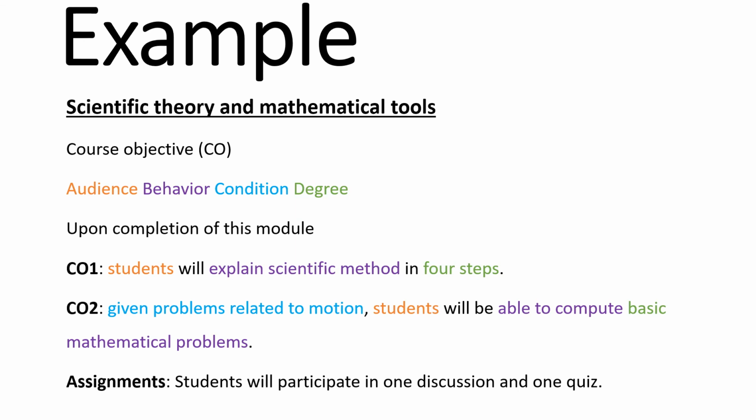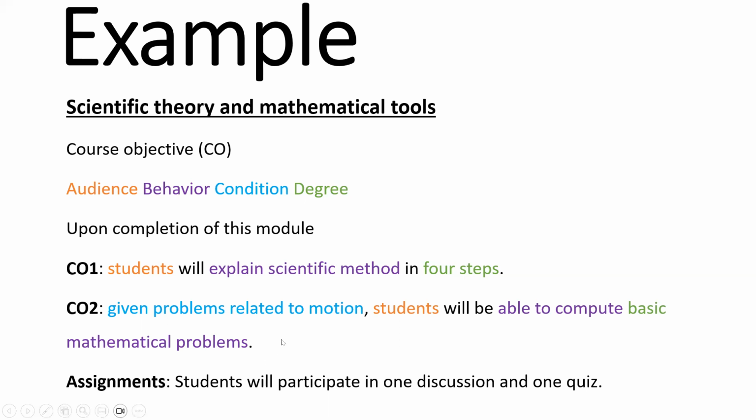They should be able to understand the scientific method, and the degree is in 4 steps, right? So it's not necessary to have all the components in a single course outcome. For instance, in this first example, I don't have a condition. Conditions are not needed in this case.